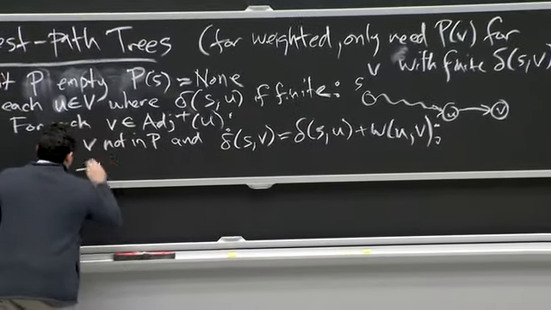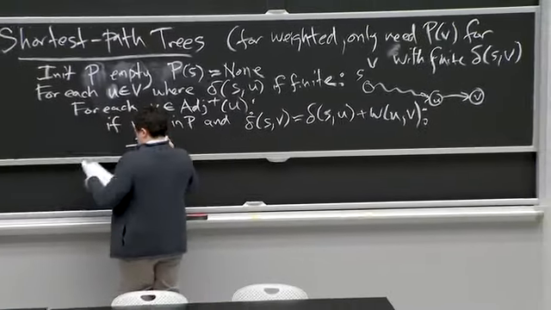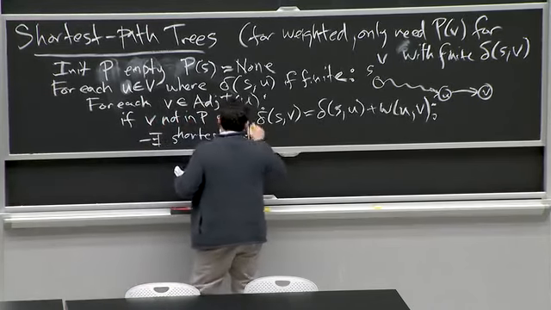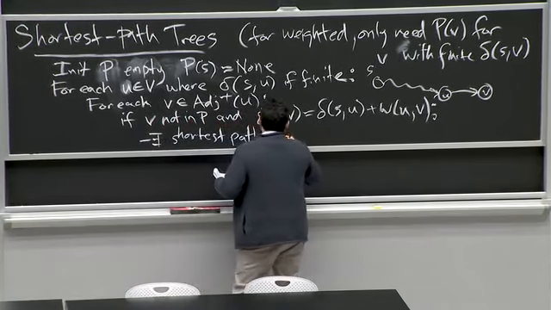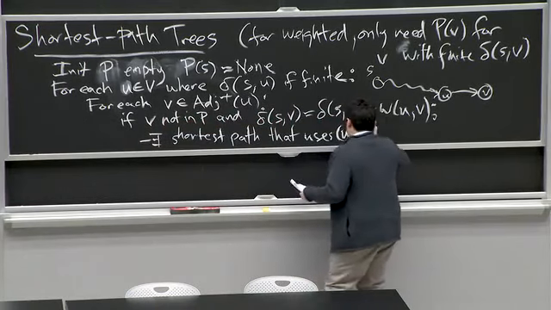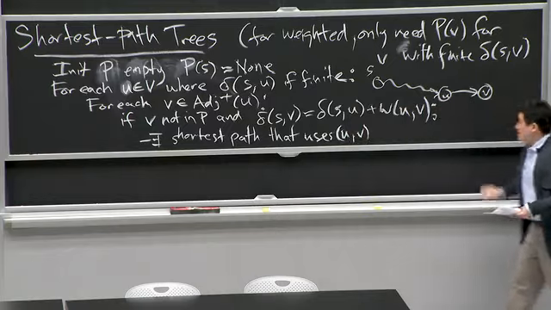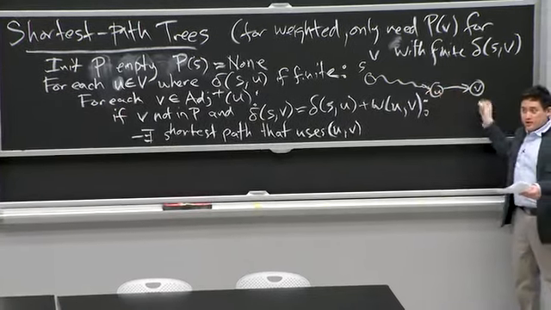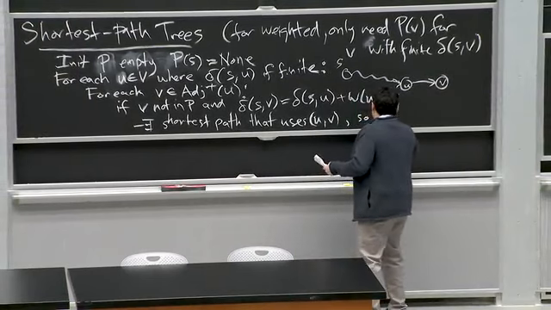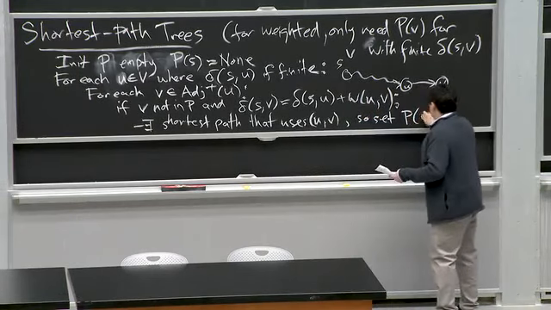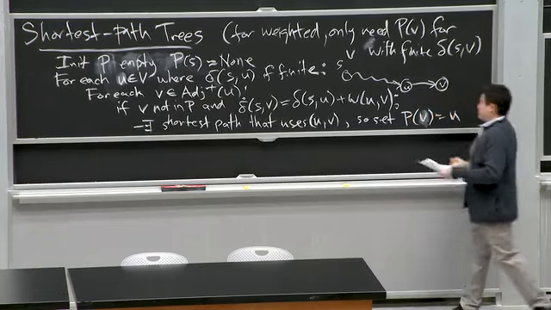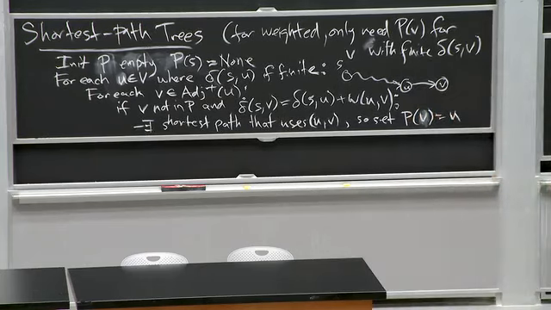then there exists a shortest path that uses edge uv, in particular this one. So set the parent of v to u. Okay, so this is the algorithm.